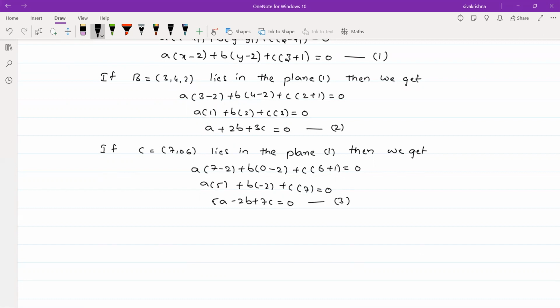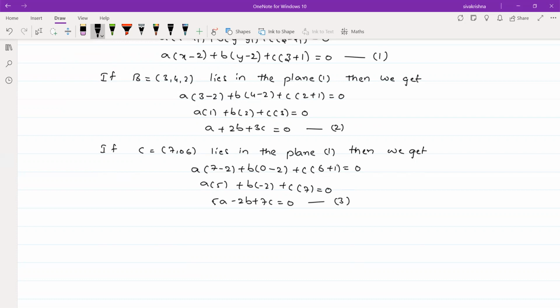So now we are having two equations in A, B, C. Now we have to solve these two equations by using the cross multiplication method. For that, we have to write the coefficients of equation 2 starting from b.